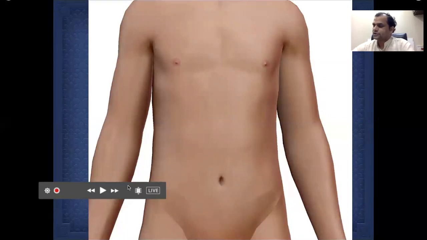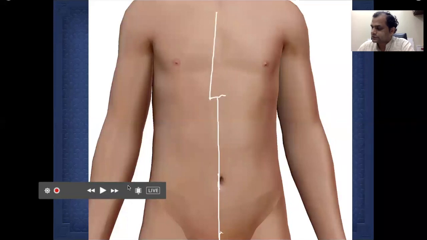So let's discuss all the center points. Making the center line, this is the chest bone or sternum bone. This will be the first point, which is called the brain.